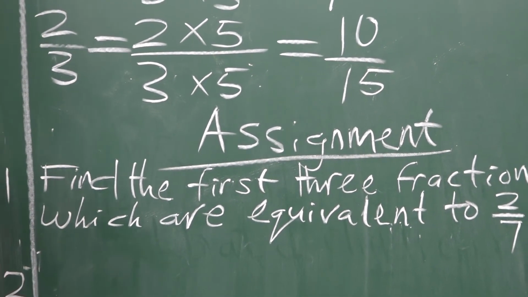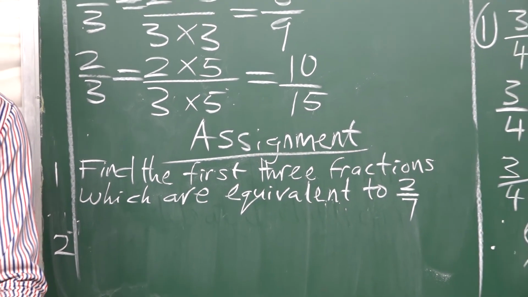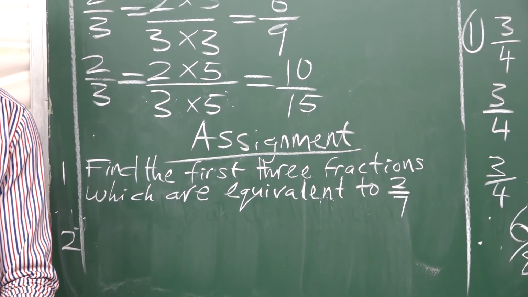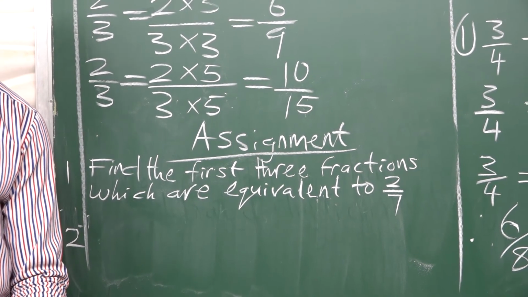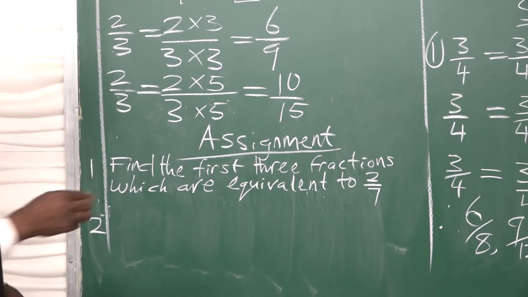The second one, fill in the missing numbers. Where the numbers are missing, you fill them in, just like the one you did by yourself before the assignment.